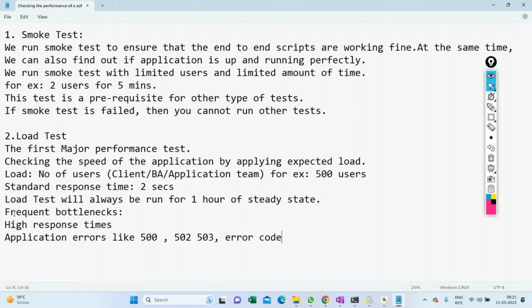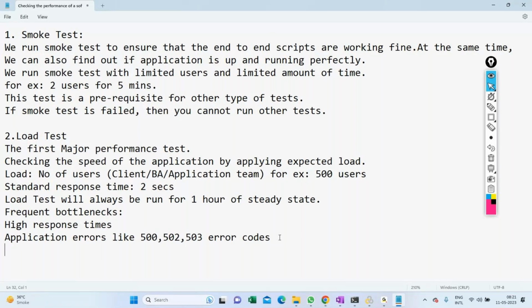So when you run a test, you get to see these sort of errors from application point of view. So frequently we observe high response times and application errors like 500. What is 500 error code? What is 502? We'll discuss later. You also have something like 404, 401, 403, but we'll discuss all of them later.